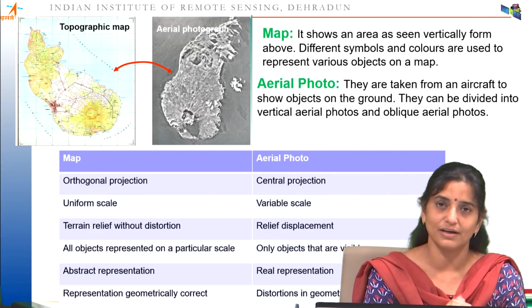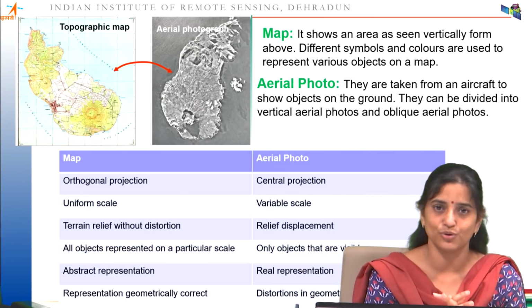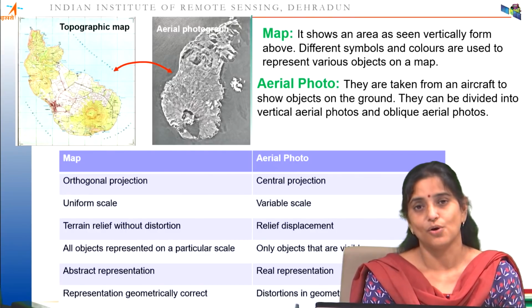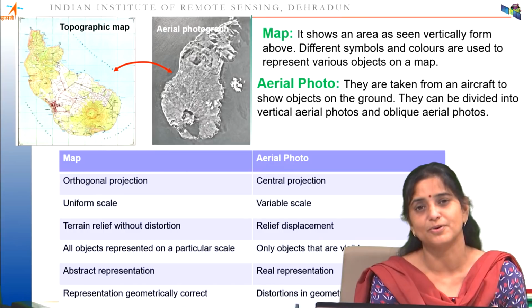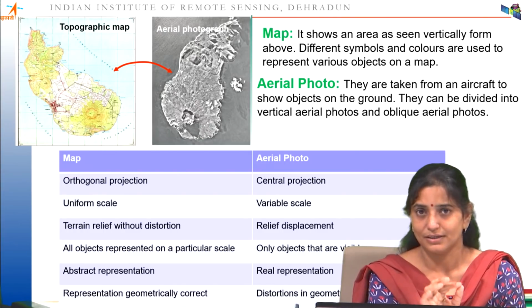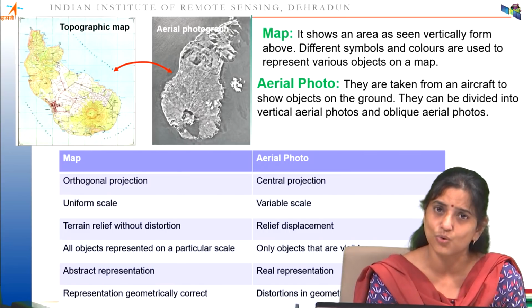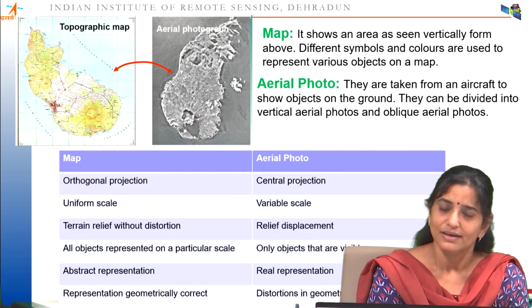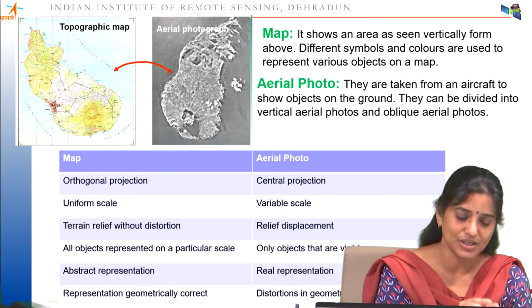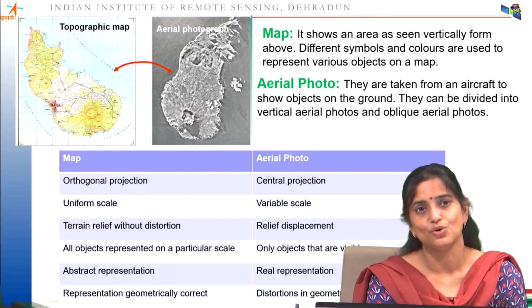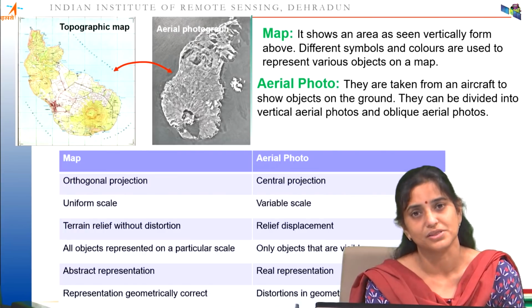The next important difference between map and photograph is that a map has a uniform scale. So the scale of the map is printed on the map. It is written 1:50,000, 1:25,000 or so. What does this mean? That means one measurement on the map is equivalent to 50,000 measurements on the ground.